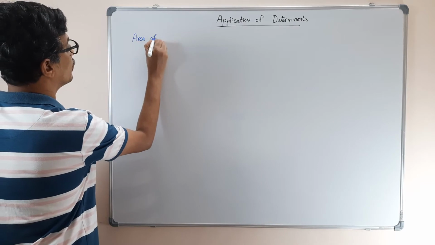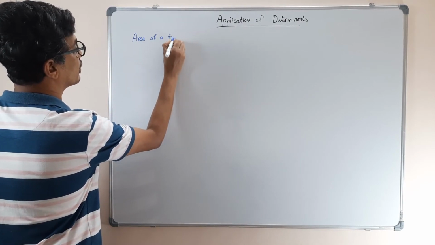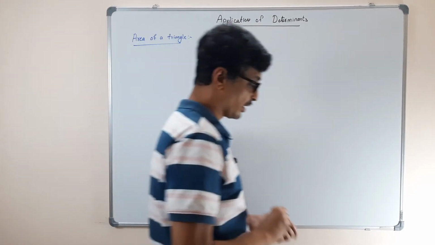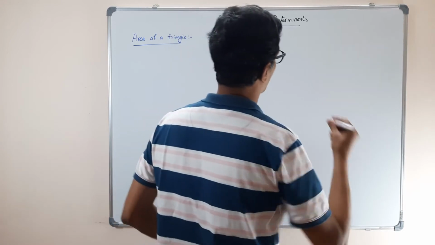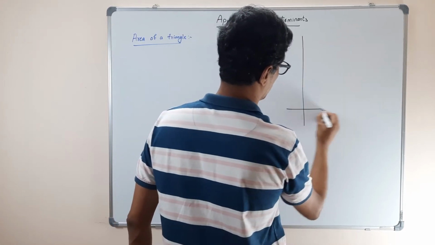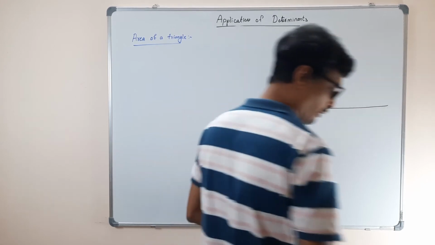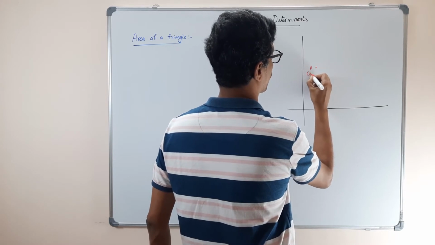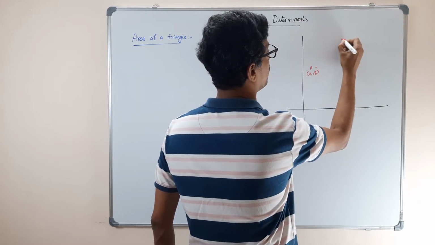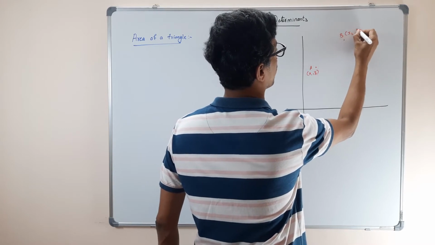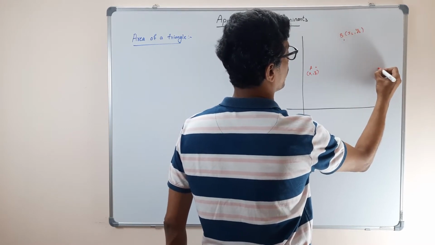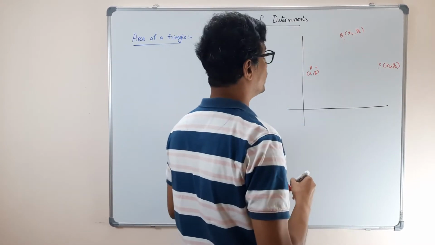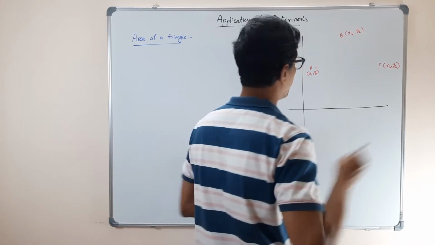Suppose you have this coordinate system, and I am having 3 points, say A, which is x1, y1, maybe B, which is x2, y2, and another point maybe C, that is x3, y3. So joining these 3 points is going to give you a triangle.